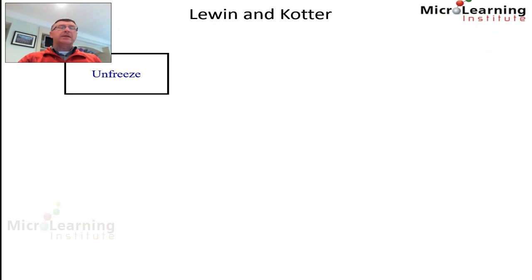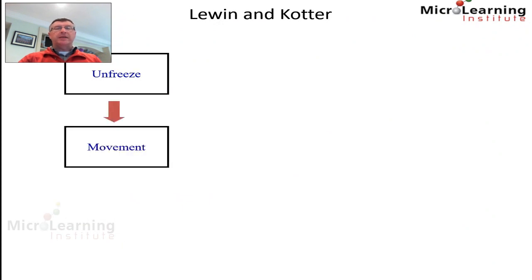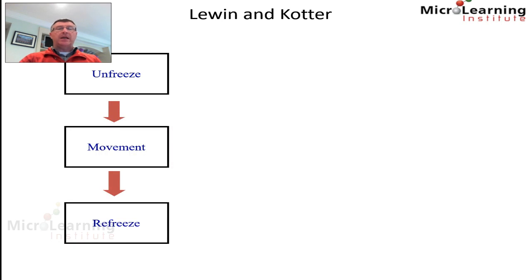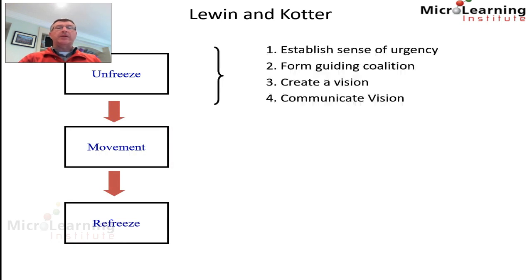We can now look at the theories of Lewin, where he spoke about unfreezing the organization, moving to a new position, and refreezing the organization. And we can compare these with Kotter, and we can see that the first 4 steps of Kotter, establishing a sense of urgency, forming a coalition, creating a vision, and communicating a vision, are consistent with Lewin's thoughts on unfreezing.